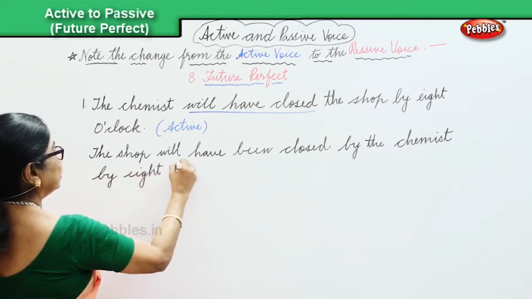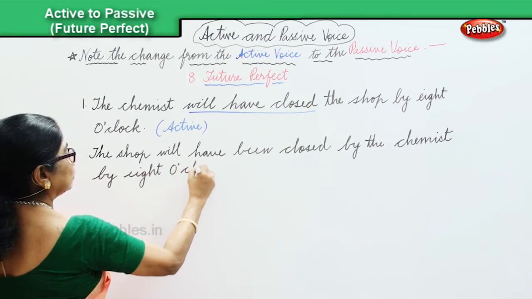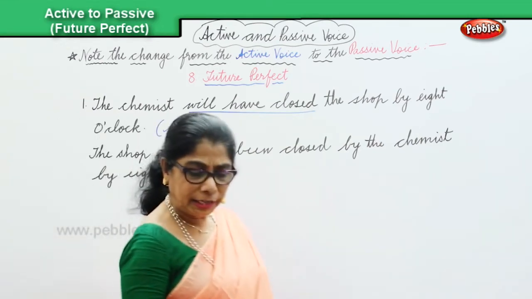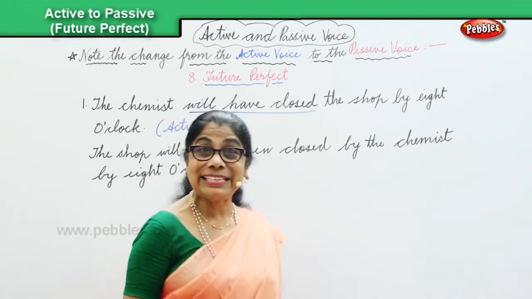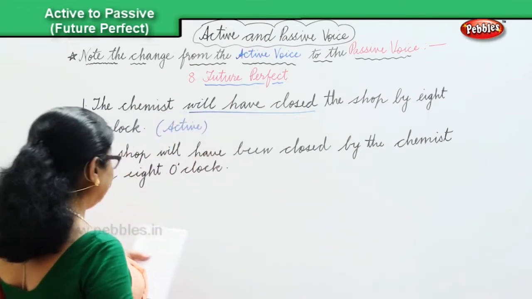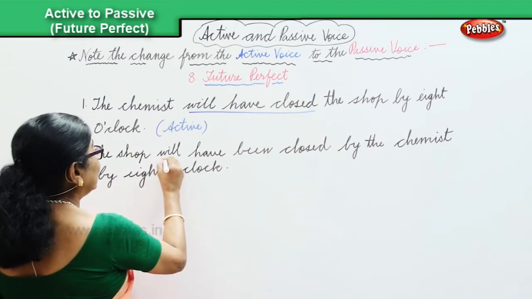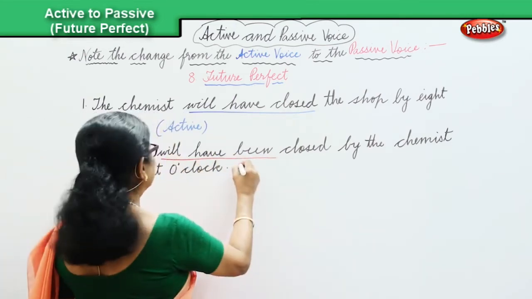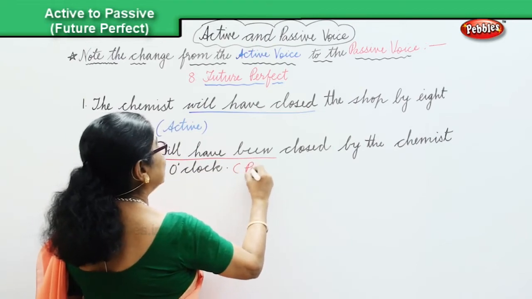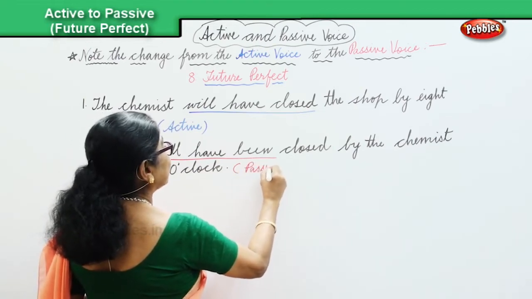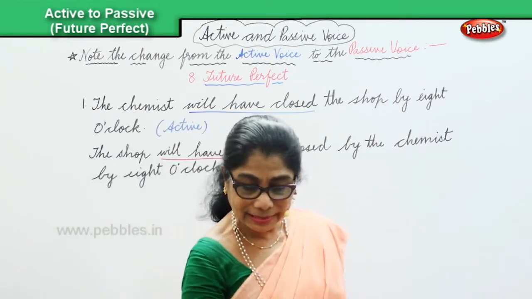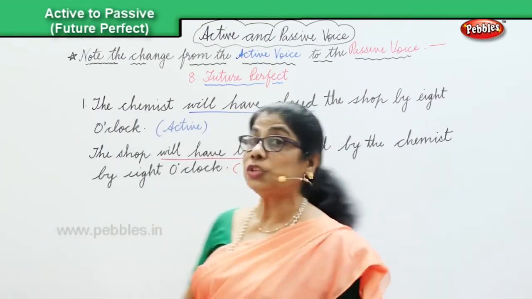We're changing in the future perfect, the changeover from the active into the passive. Look at the verb, will have been. And this is in the passive voice.